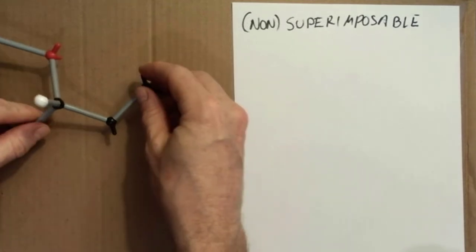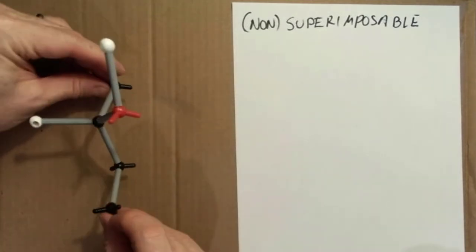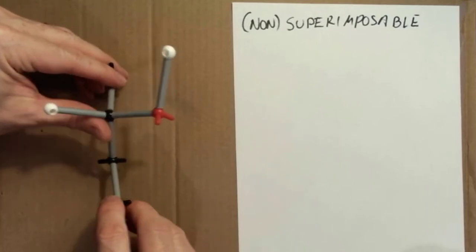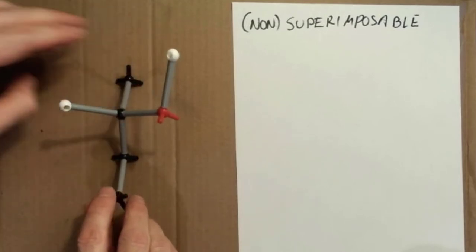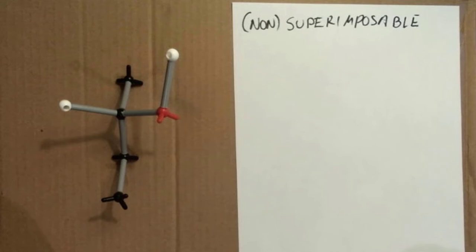Now, if we drop to the molecular level, we'll line up our butanol molecule here. If you build a second model of 2-butanol, you're going to find that one of two things happen.